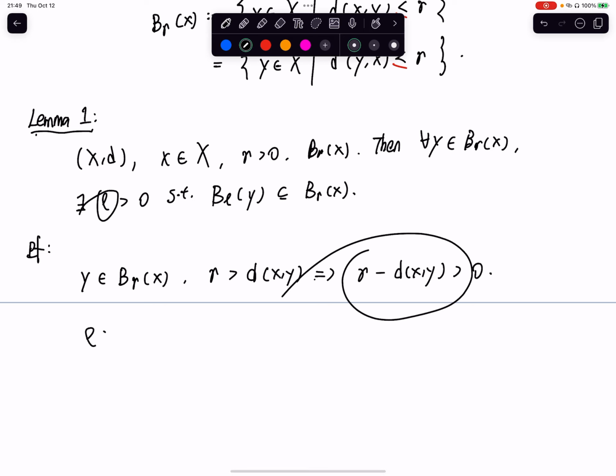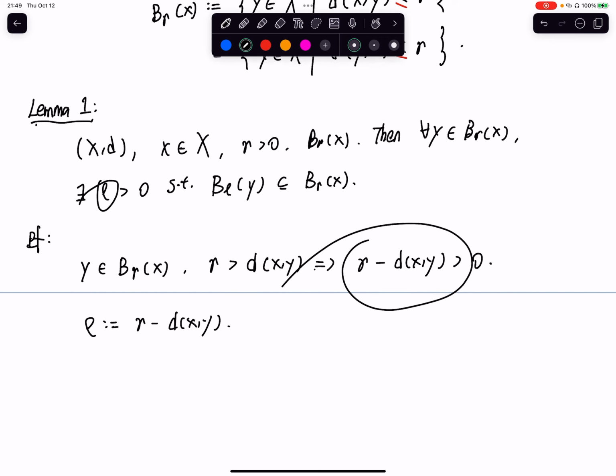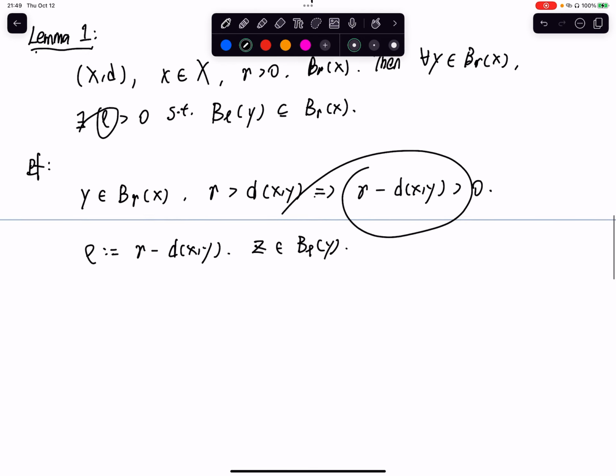Let rho be defined by r minus d(x,y). Choose a point z in B_rho(y). So z lives in B_rho(y) means, by definition, that d(y,z) is smaller than rho.